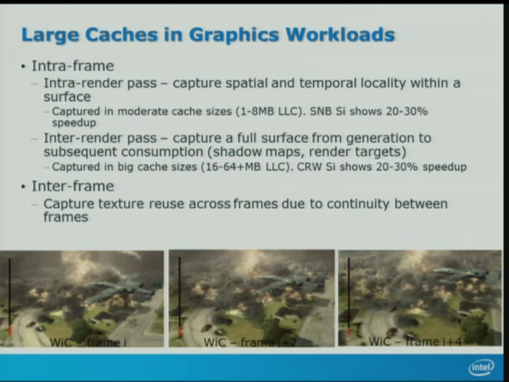All of those things remain in the cache between different rendering passes. So for us, building on the benefits we got out of the Sandy Bridge and Ivy Bridge caches, providing an even bigger cache together with an even bigger graphics engine gives really substantial integrated graphics performance numbers.